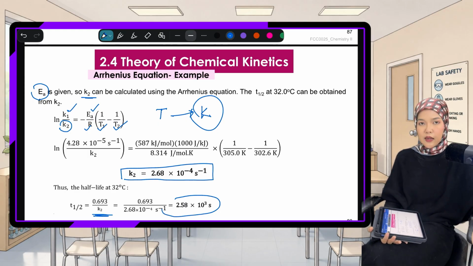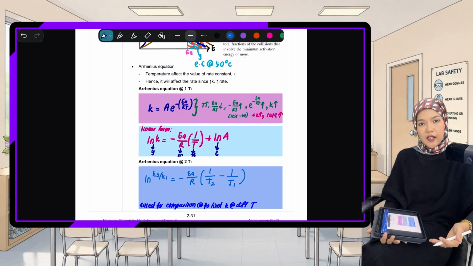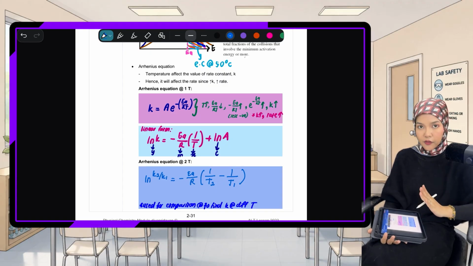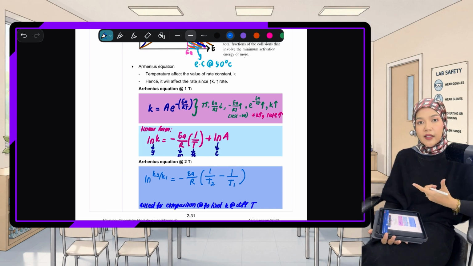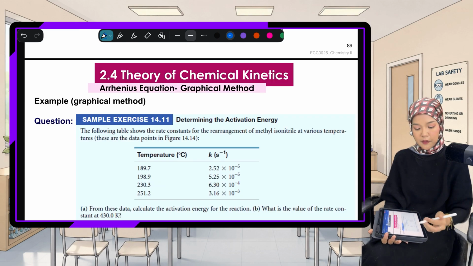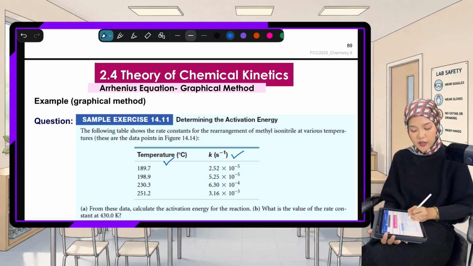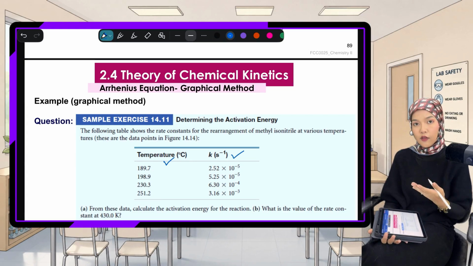So this is an example of the non-graphical method. If we were to discuss the graphical method, you can also use a graph to find the activation energy and the Arrhenius constant. In this example, you are given the temperature and the k value.